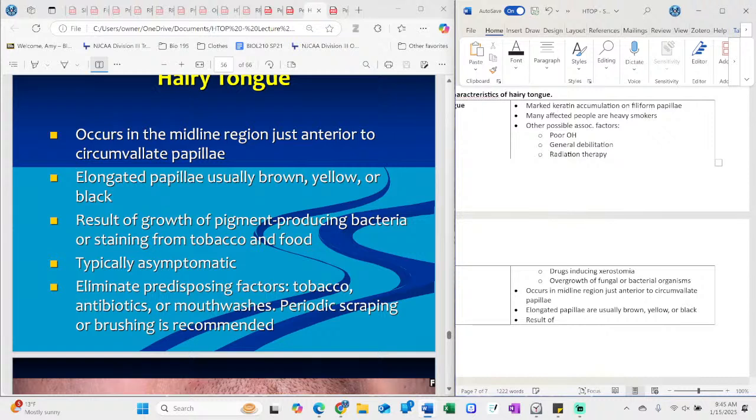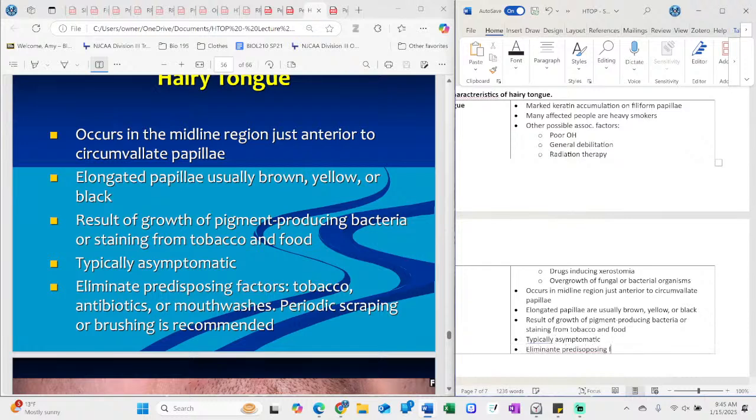So if a patient is a chronic smoker, cut down on the smoking, increase water intake, because if they have dry mouth, the water helps with cleaning the tongue. Tell them to clean the tongue with a tongue scraper, right?